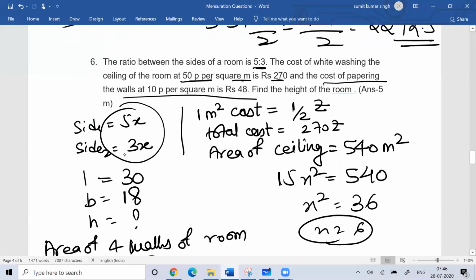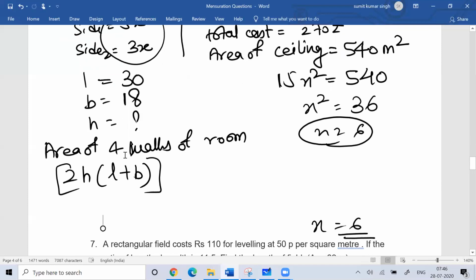Now in this formula, they're asking you, they're paying 10 paisa for 1 square meter, and total money they spend is 48 rupees. So means 1 by 10 rupees for 1 meter square, and the total money you spend is 48 rupees. It means the total area was 480. You can understand. So the area of four walls of the room is 480.